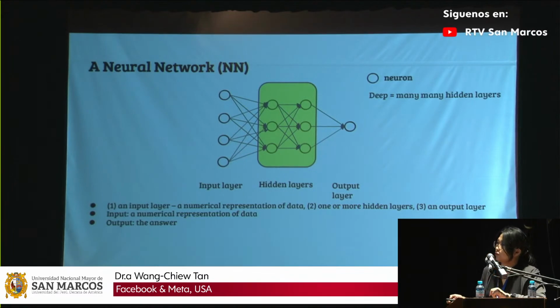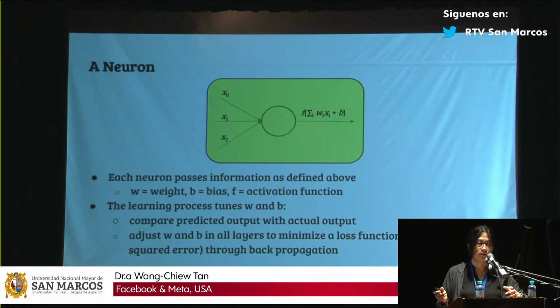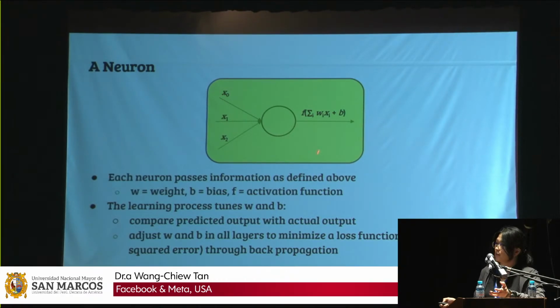So this is a zoom-in version on one of the neurons. On the left, you get your inputs, the X, and on the right comes an activation function, which is in this case a formula based on 2 weights, W and B, a linear function.